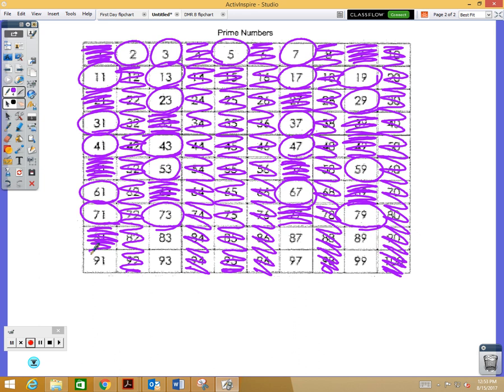83. Prime. 87. Why? 8 plus 7 is 15, which is divisible by 3, so composite. 89.